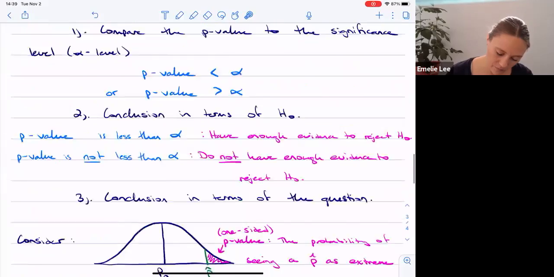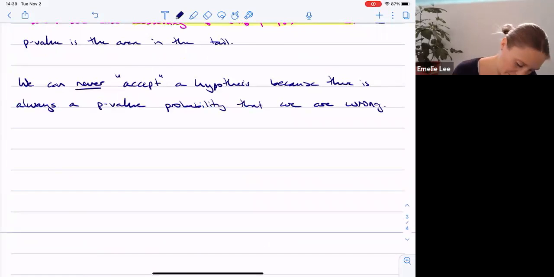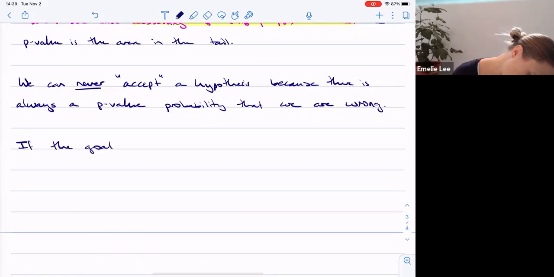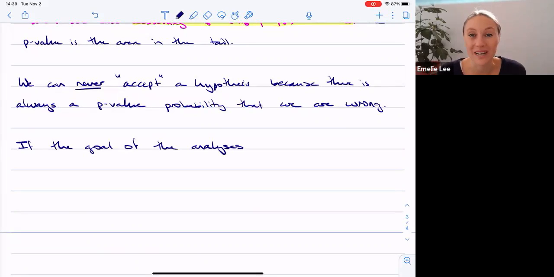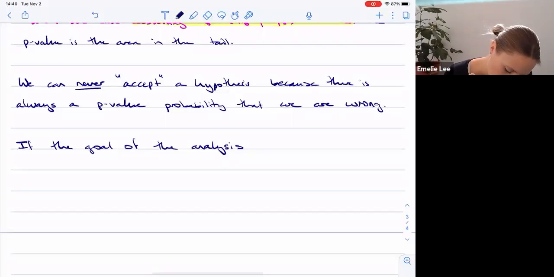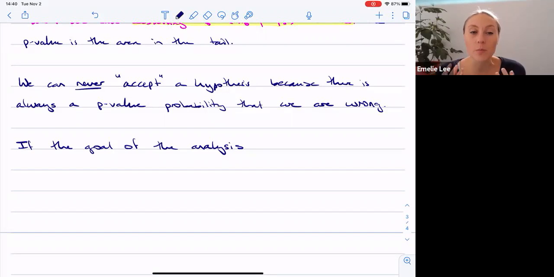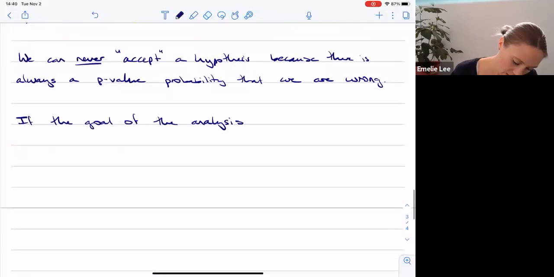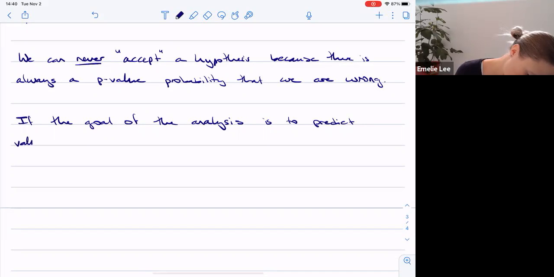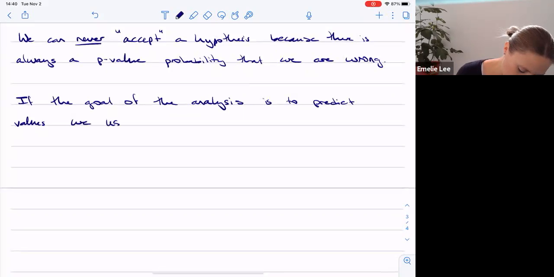So if the goal of the analysis is to be able to predict values, whether they be future values or just predict values, we usually use regression.